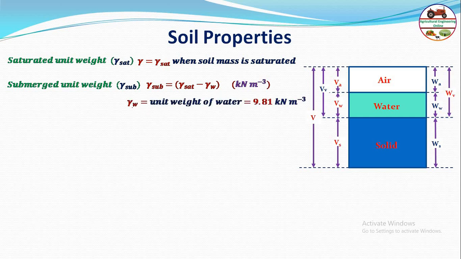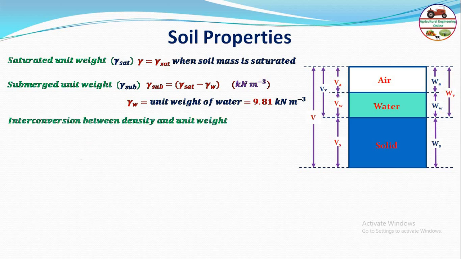In the general case, gamma W is the unit weight of water. We know that the unit weight of water is 9.81 kilonewton per meter cube. Therefore the submerged unit weight will be equal to the saturated unit weight minus the unit weight of water.